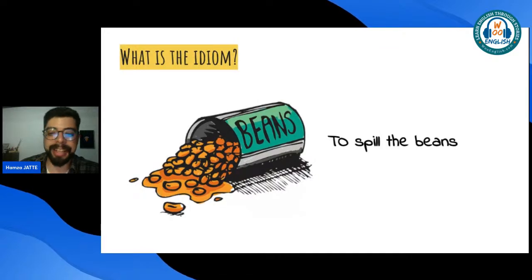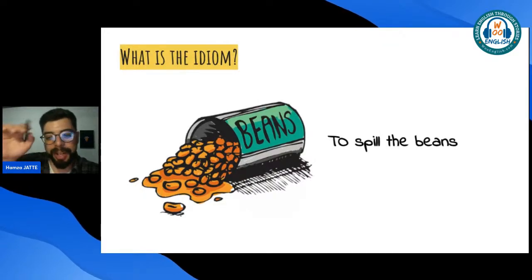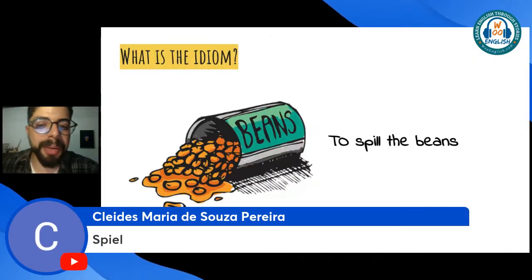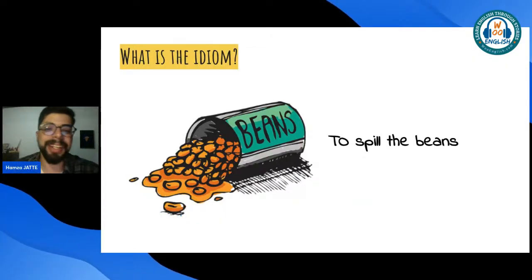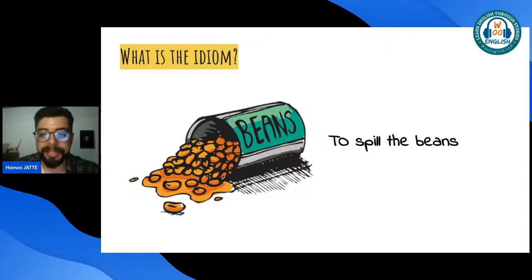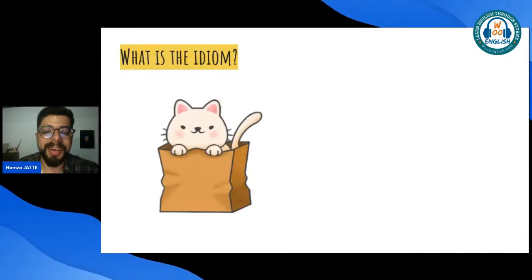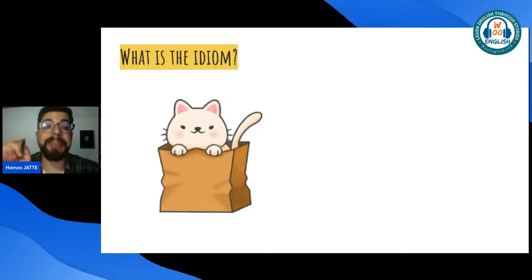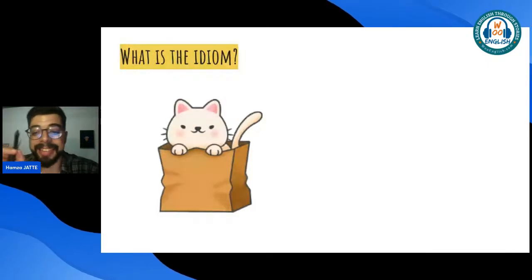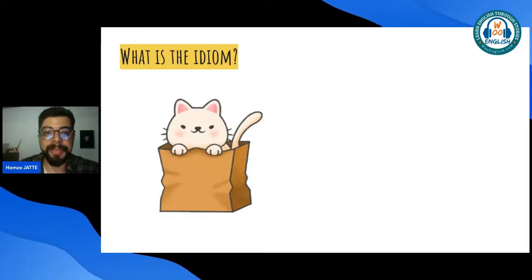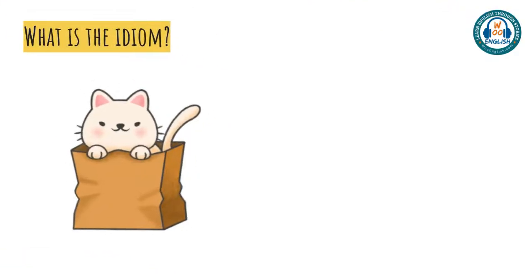All right, let's check. Yes, to spill the beans, just for spell, Maria, we write it like you can see on the board or on the screen. Spill the beans. All right, next one. What is this idiomatic expression that has a cat in it? It has a cat. And it has the same meaning as to spill the beans.